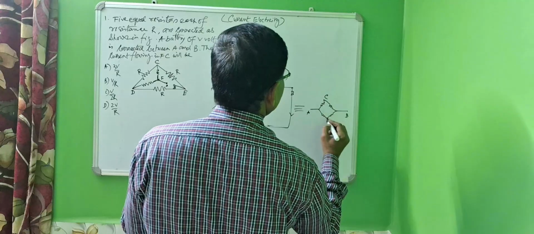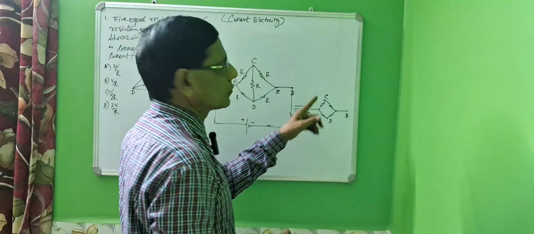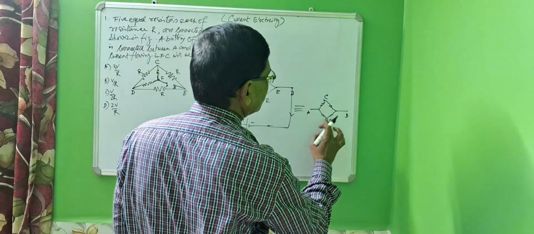Here is C point, here is D point, and no current. There is no branch, no current.